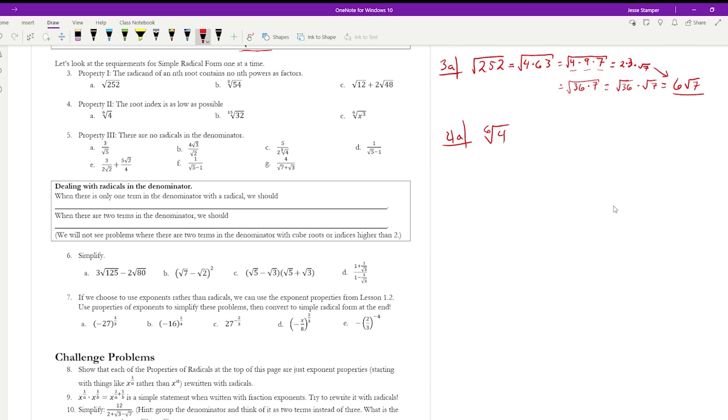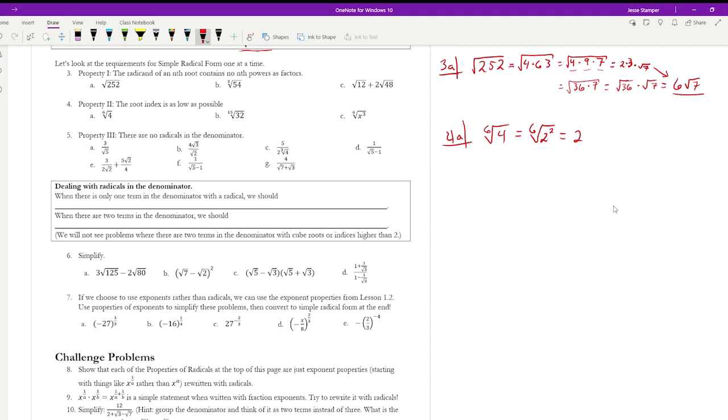Now, at first glance, it doesn't look like anything we can do until we remember that 4 actually can be reduced down a little bit, and we can get the 6th root of 2 squared. Now we have an exponent and we have a root index. So we can actually write this as 2 to the power of 2 over 6.